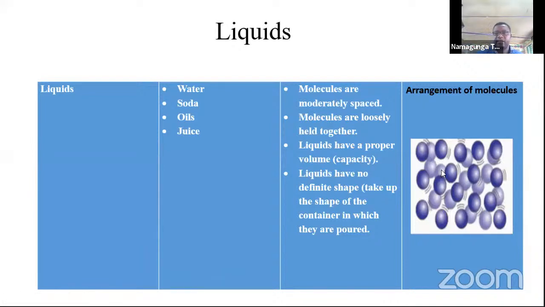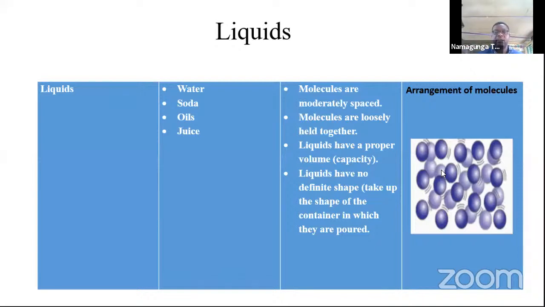Ninsima Martha, please read for us number 3 on the characteristics. Liquids have a proper volume, in brackets capacity. Yes, we are saying we can get the capacity of a liquid. We can measure using different measurements, whether liters or milliliters, but we can get the measurement.